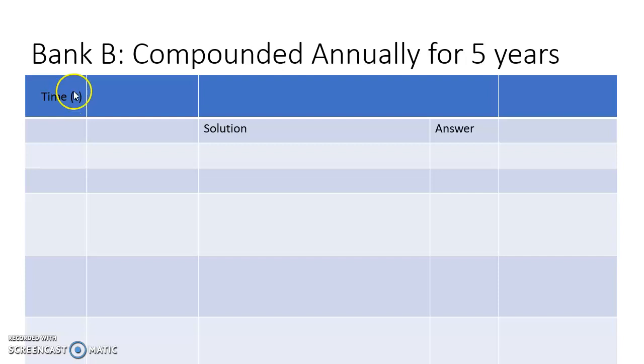In the first column, we have time t. Second column, principal, denoted by capital letter P. Third, the interest, denoted by capital letter I, subscript C, and the maturity value. For the first year, t is 1, the principal is 10,000.